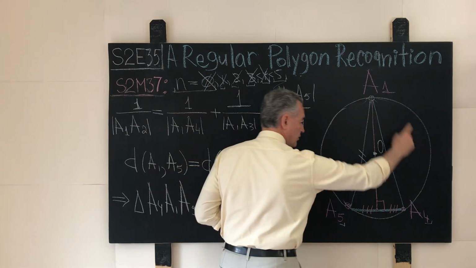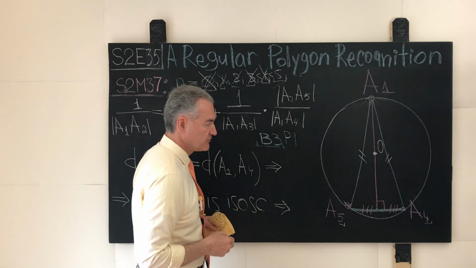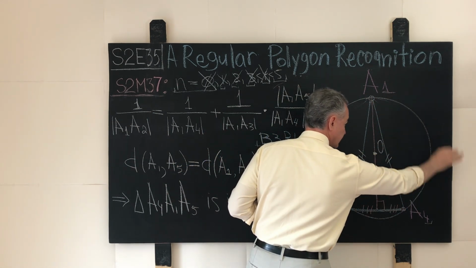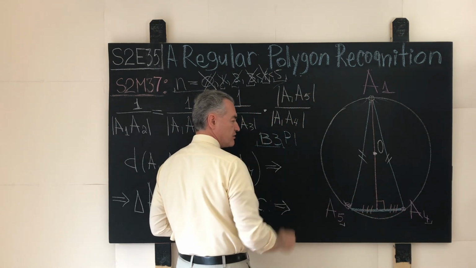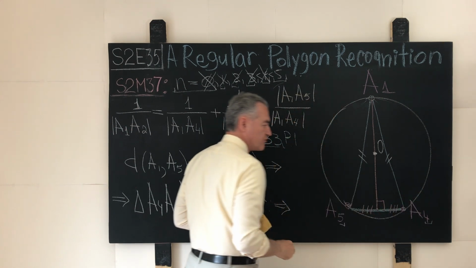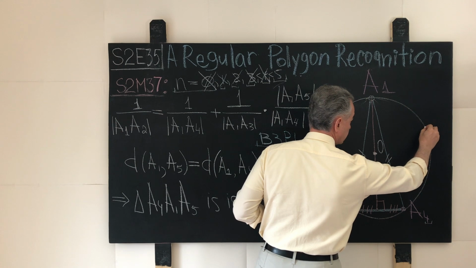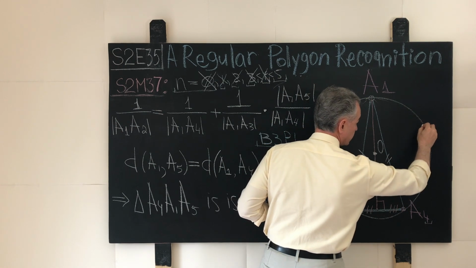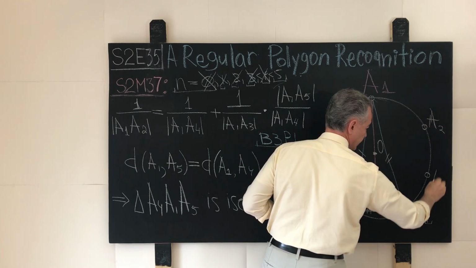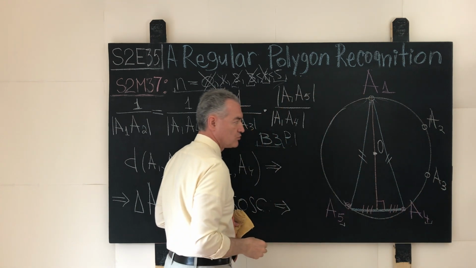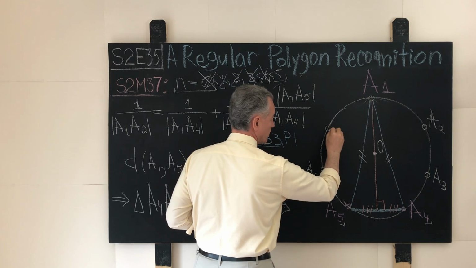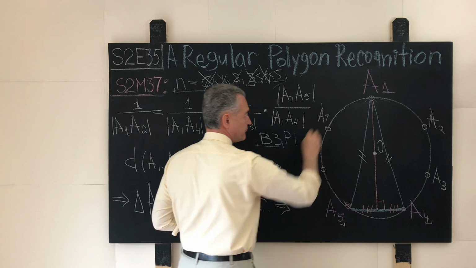And what does that mean in our case? It means that we will have exactly as many vertices on one side of this diameter as on the other. But since we have the vertex A4 on this side of the diameter, that leaves the choices for, let's say, A2 and somewhere here A3 on one side, and A6 and somewhere A7 on the other side.